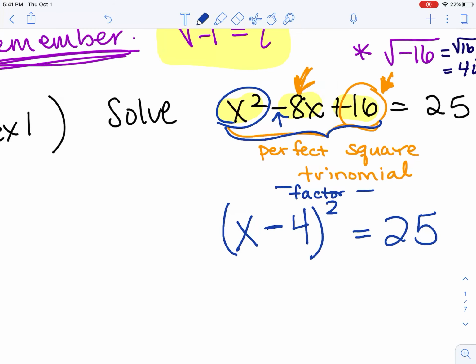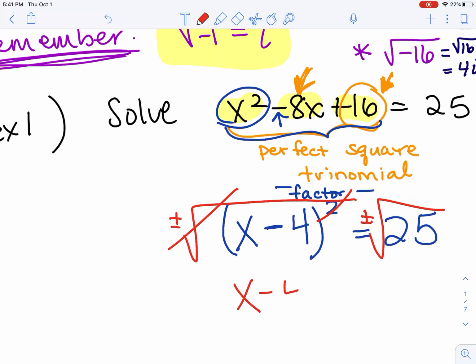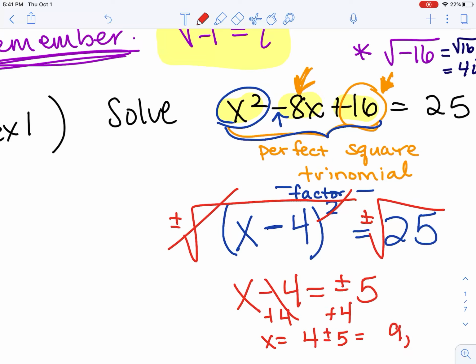Now this looks a lot like what we were doing up above, where we take the square root of both sides, plus or minus. This cancels out the root and the squared. So we get x minus 4 equals plus or minus 5. When we add the 4 to both sides, we get x equals 4 plus or minus 5, which is really 4 plus 5 is 9, and 4 minus 5 is negative 1. And those are our solutions for x.